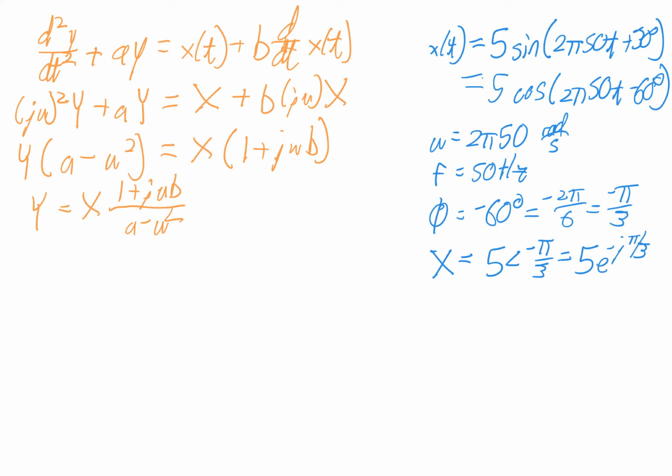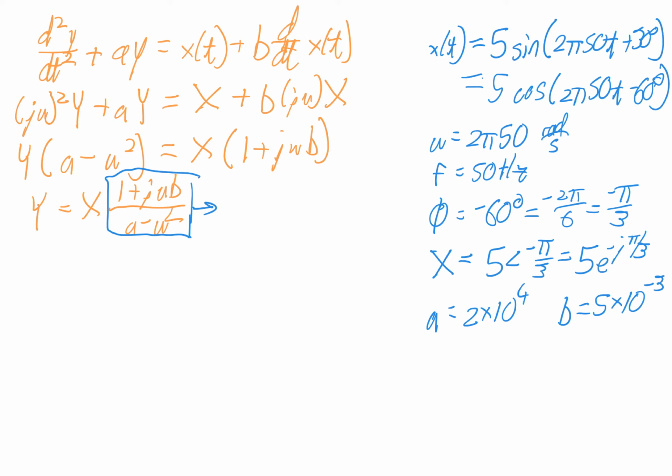Let's let the parameter a be equal to 2 times 10 to the 4th, and let's let the parameter b be equal to 5 times 10 to the negative 3rd power. Now let's figure out what this system factor that is affecting the input phasor x is based on these parameters.